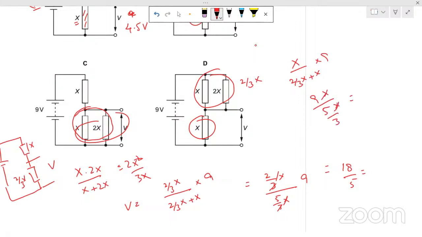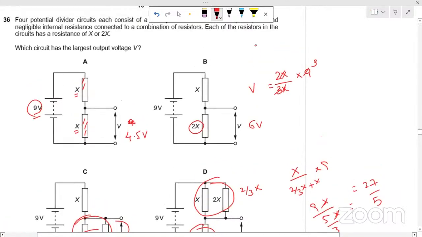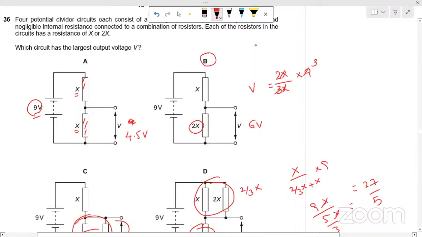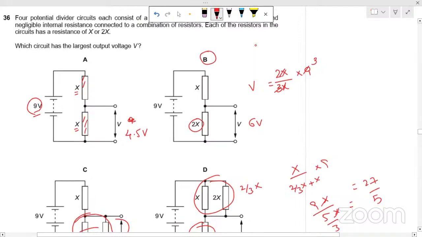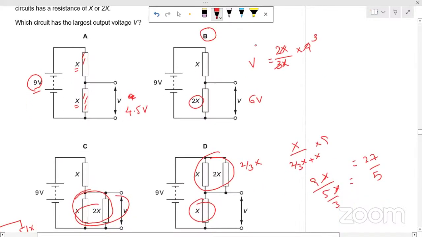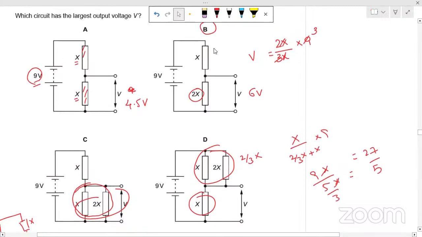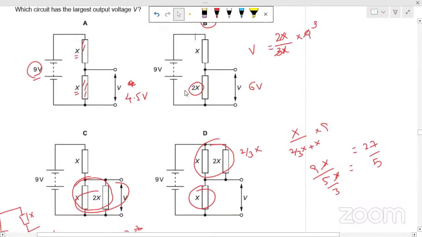So that 3 will go up, 27 divided by 5, so that is 5 point something. So B is the correct option. We wanted the greatest value of this output voltage. That is only possible when this x is the greatest, as compared to these two resistors.